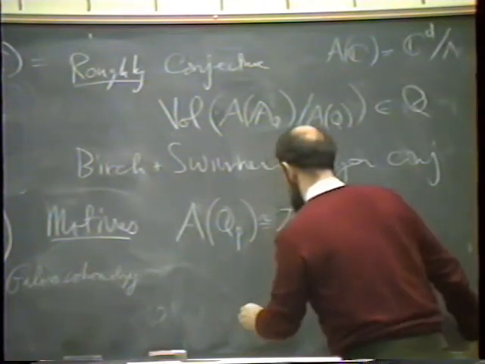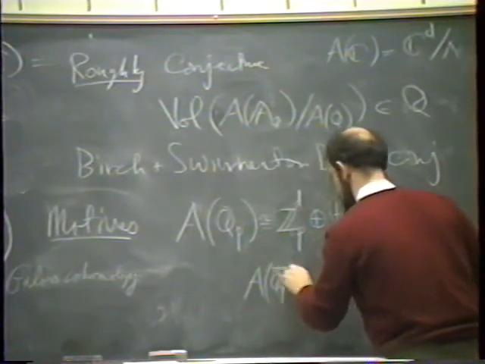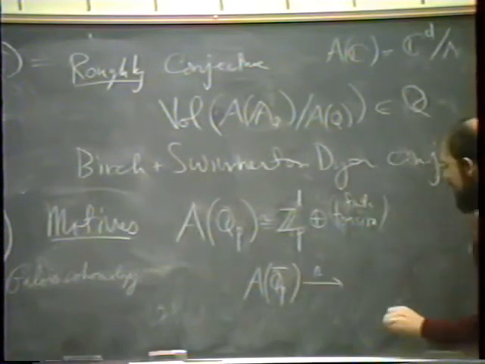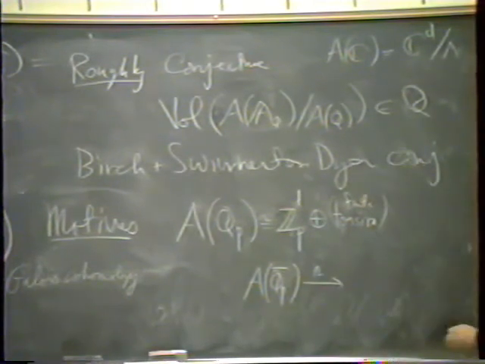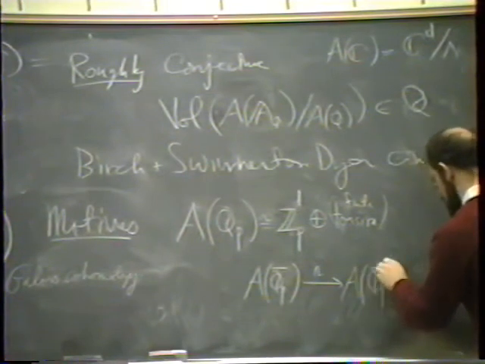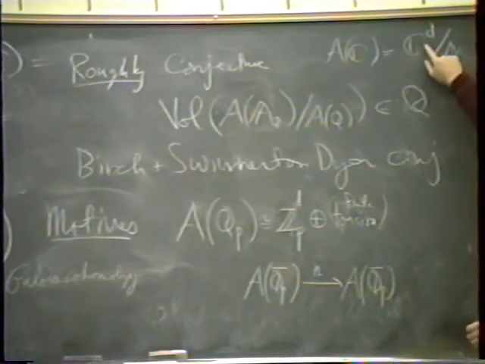So vaguely speaking, what's going to happen if I look at the solutions with values in the algebraic closure, and I look at, let's say, a map which is multiplication by some integer n, then what's going to happen is very much the same thing as if I considered multiplication by n on a group of this shape here.